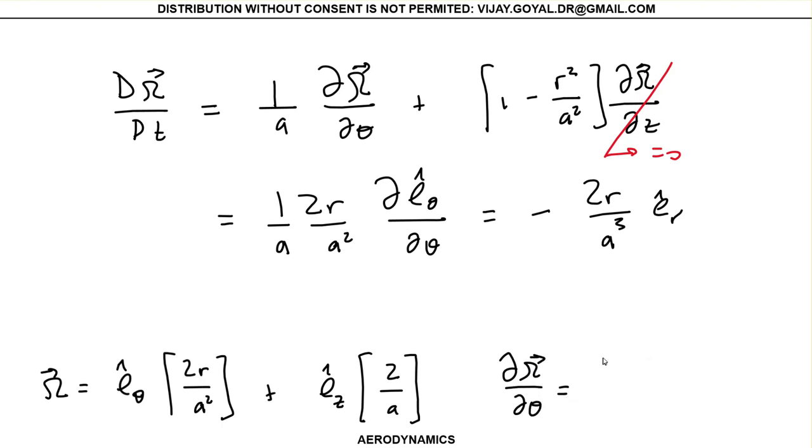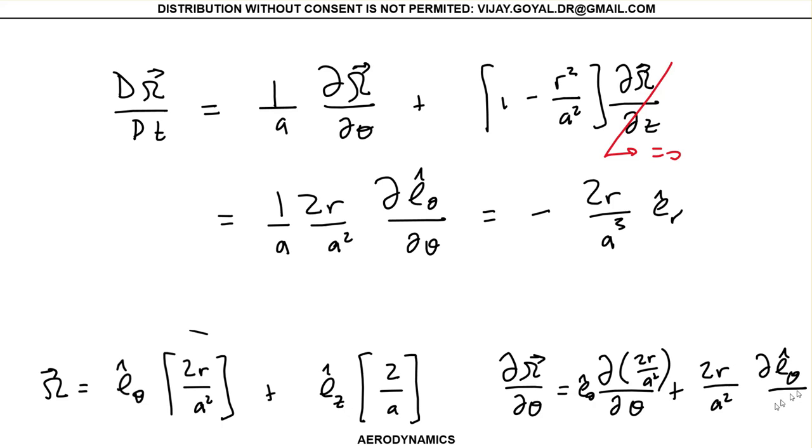So this will be partial of omega with respect to theta with this term, but then you also have 2RA squared times E theta, and then you also have 2 times RA squared partial of E theta over theta.